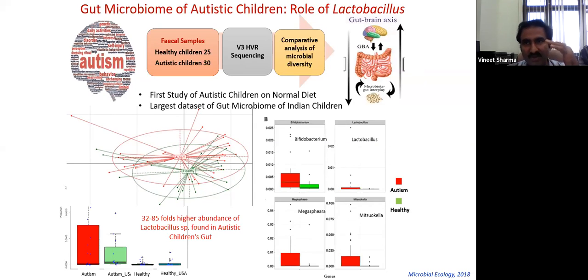So in this comparison of the gut microbiome of the autistic children and the healthy children, we observed that Lactobacillus particularly was almost 1,000 times higher in the autistic children, right? And this finding we also confirmed in the other US population, autistic children data, which was taking a gluten-free diet.